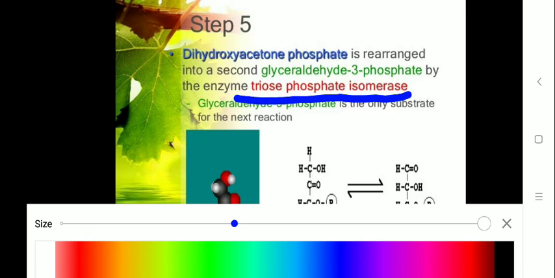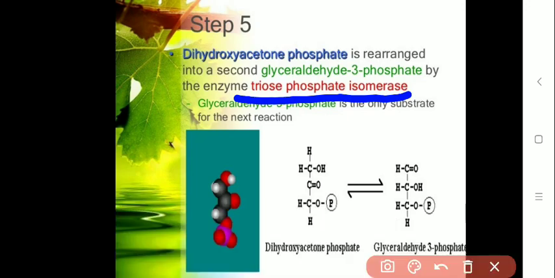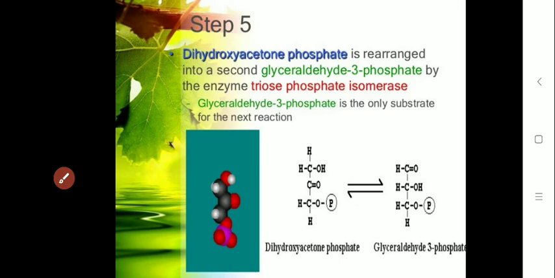Here you can see in the diagram, it is carried out on dihydroxyacetone phosphate, which is converted into glyceraldehyde 3 phosphate.